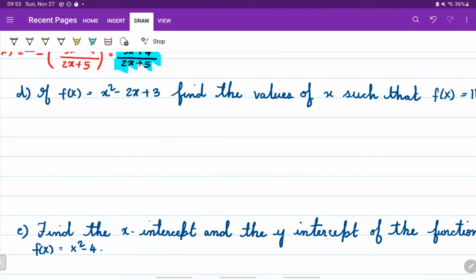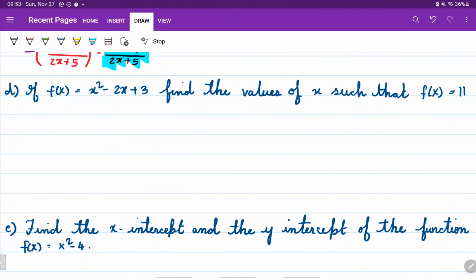Okay, another problem here. This is worded a little differently, and we are told that if f of x is so and so, find the values of x such that f of x equals 11. So what this essentially means is we are given f of x equals 11.